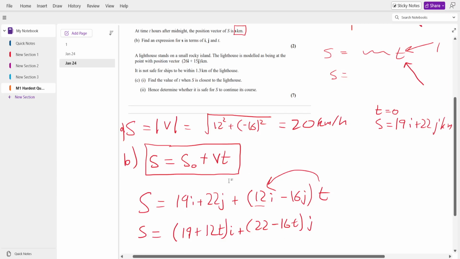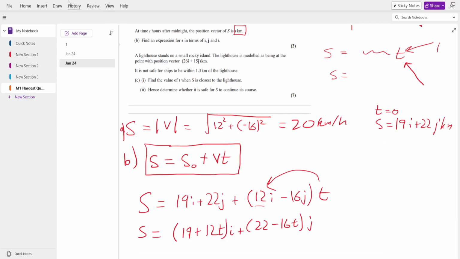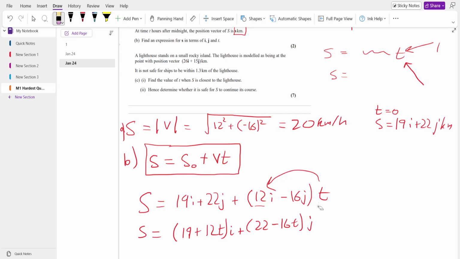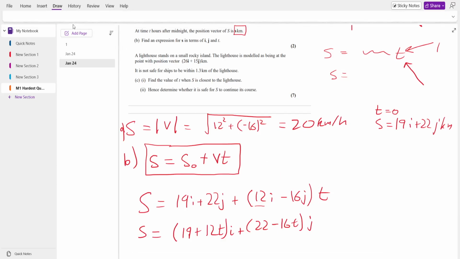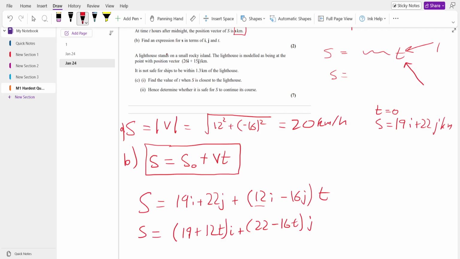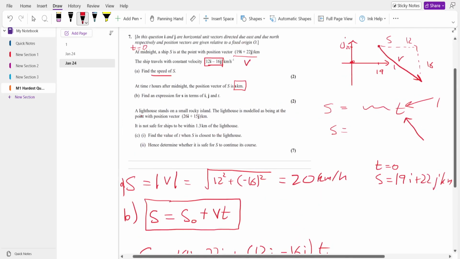So this is basically my s position vector, any general position vector. If I want the position vector at any time, I will just substitute my required time in t and find s. Okay, so continuing from here, it says a lighthouse stands on a small rocky island. The lighthouse is modeled as being a point with a position vector of 26i plus 15j.